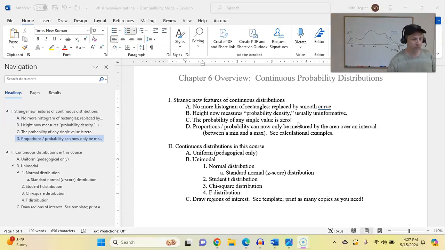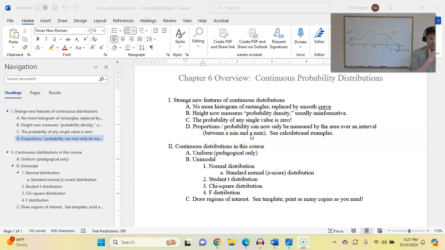So mathematically, we're seeing some pretty weird things happen. So rather than thinking in terms of height or the probabilities of single values, what we're going to have to do instead is that proportions and probability can now only be measured by the area over an interval between a minimum and a maximum.